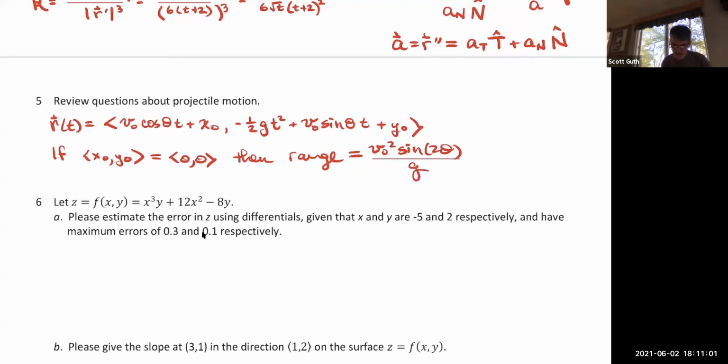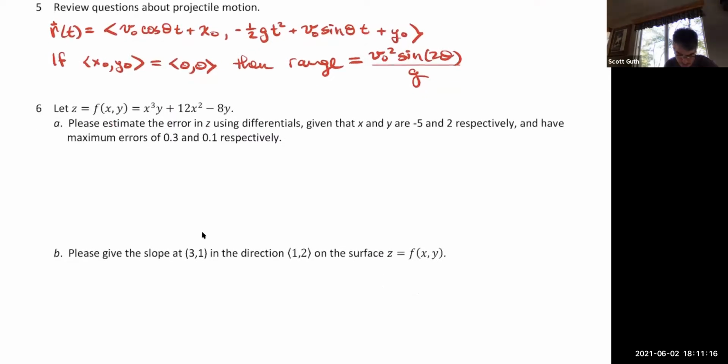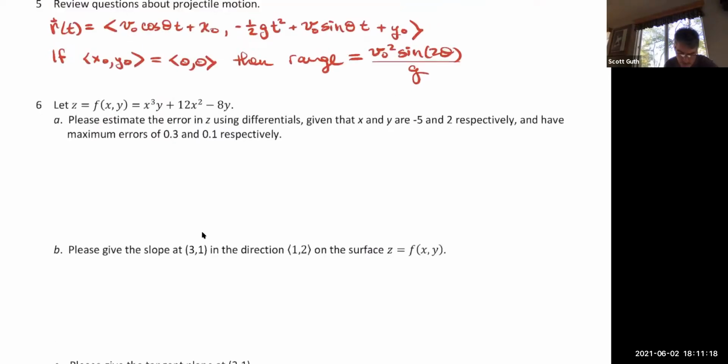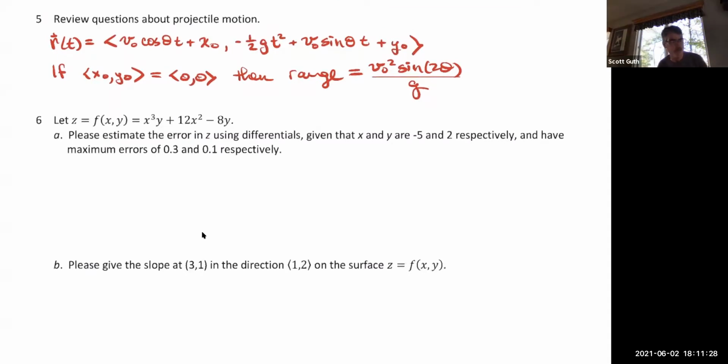You can find the maximum height by taking derivatives and stuff like that, but I think this is good enough. Setting the derivative equal to 0 on the y coordinate will get you at least part of the way there. Okay, any questions? You guys have studied projectile motion so many times that it's kind of a low priority.